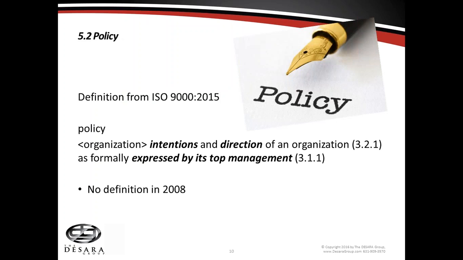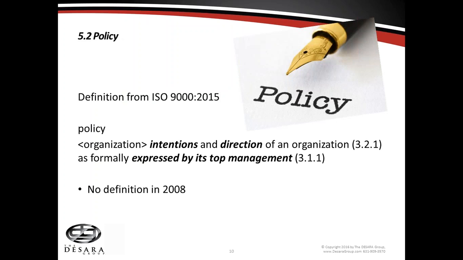One of the things that the new 9000 standard has done for us is it's brought 20 pages of definitions for us to use where there were none before in 2008. And the definition of policy in the 9000 standard talks about the intentions and direction of an organization as formally expressed by its top management.